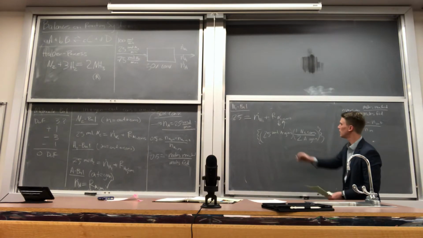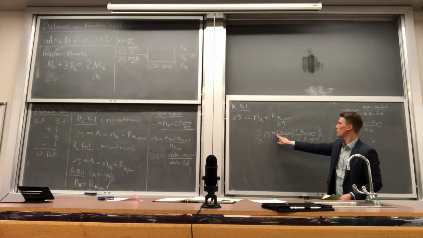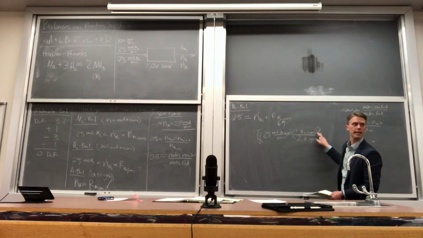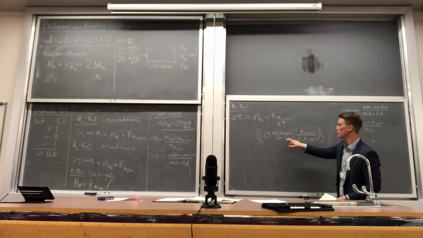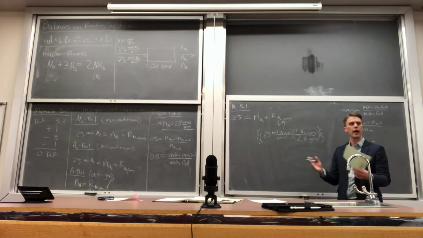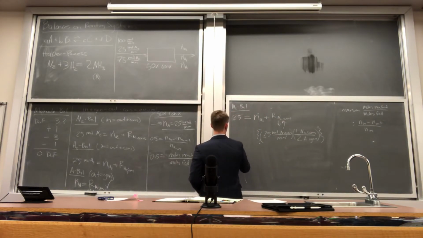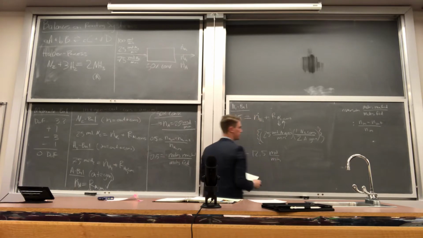Because if we look at the units, we can put this over minutes, of course, too, right? 25 moles per minute of ammonia being generated. For every 2 ammonias being generated, we need to consume 1 nitrogen. So the units here are 25 over 2 nitrogens consumed per minute. And they work out. So if we were to plug this in, we can solve for n dot N2 is equal to 12.5 moles per minute.